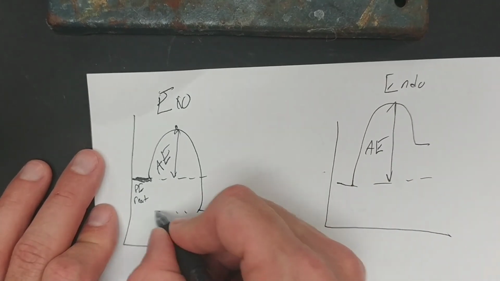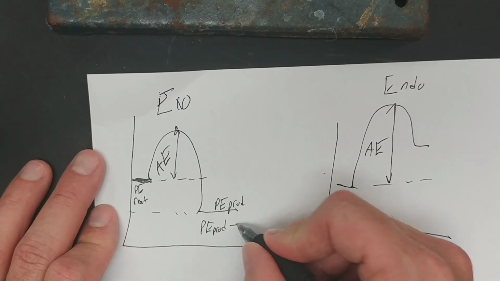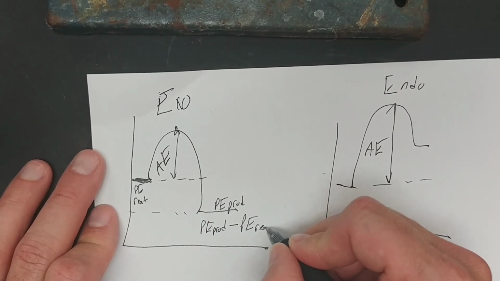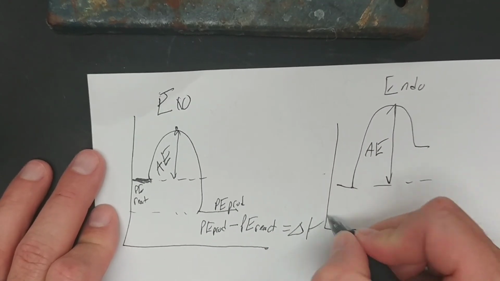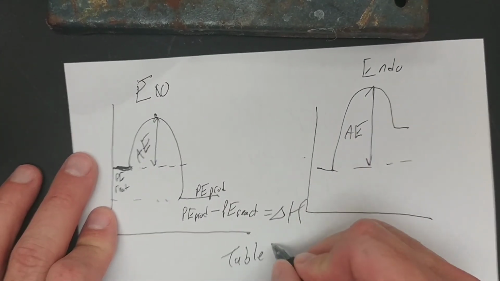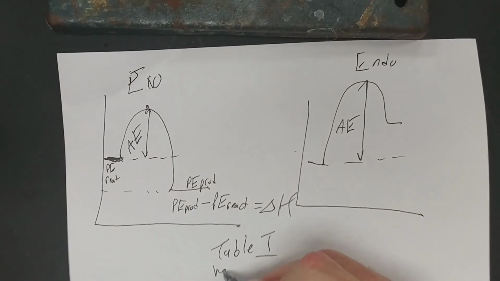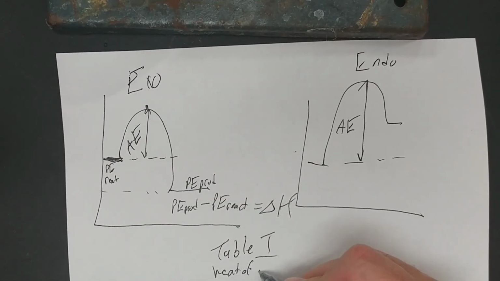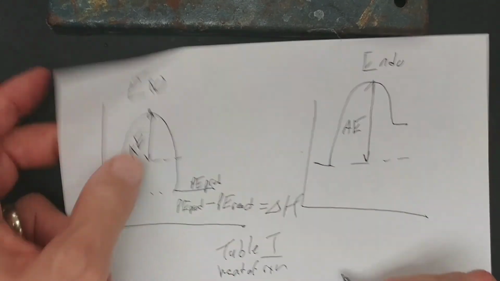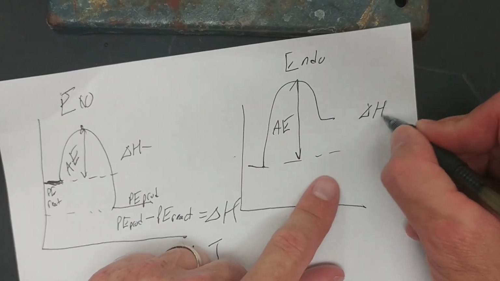The potential energy of the products minus the potential energy of the reactants is delta H, the heat of reaction. They are listed on Table I. Table I tells you that for exo, delta H is negative. For endo, delta H is positive.